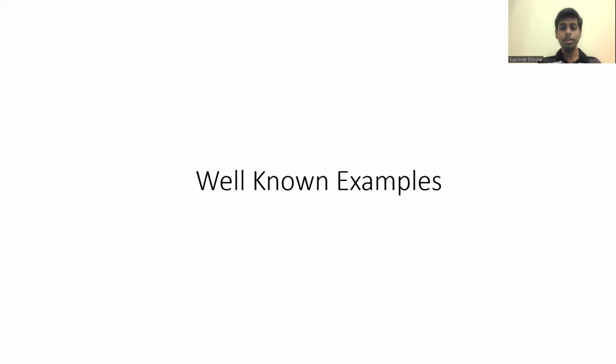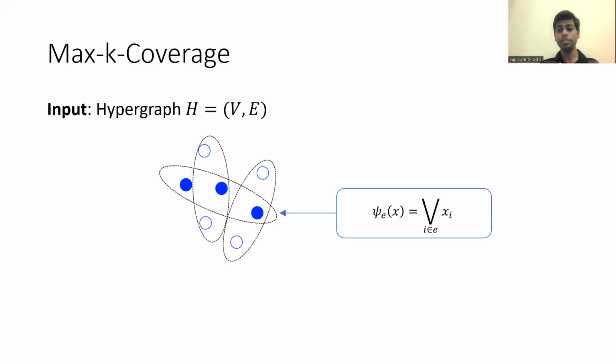Now, let me take a moment to convince you that biased CSPs aren't exactly new. In fact, many well-known problems that are studied on their own fit into the framework of biased CSPs quite naturally. And we can recover their definitions just by instantiating this definition with the simplest of Boolean formulas. For example, let's take max-k coverage. Max-k coverage, I claim, is just a biased CSP with OR constraints on its edges.